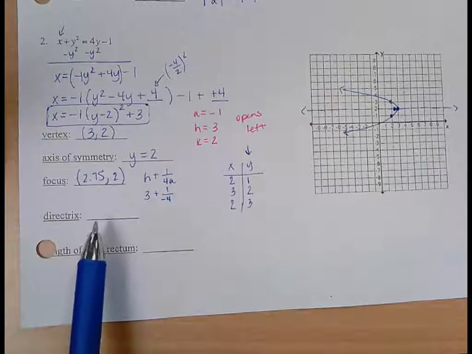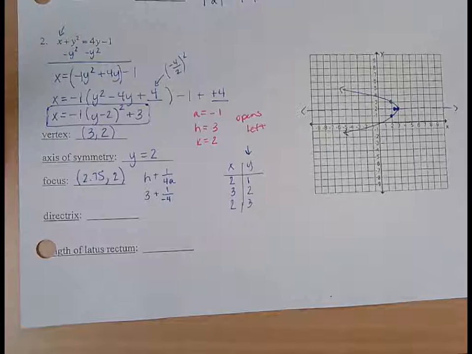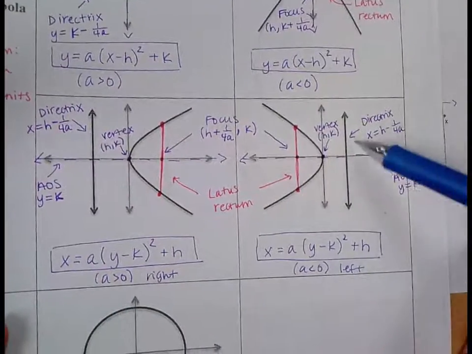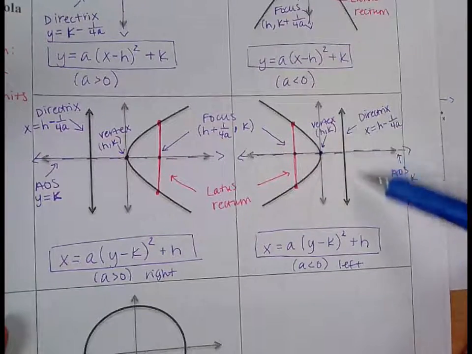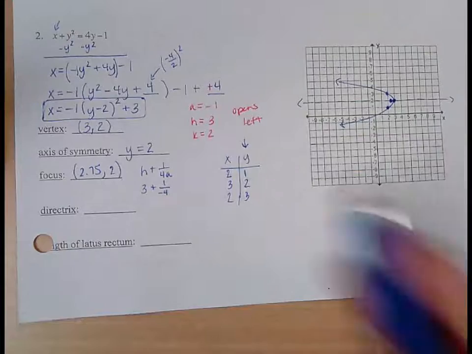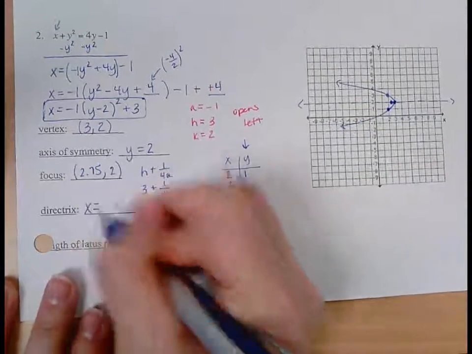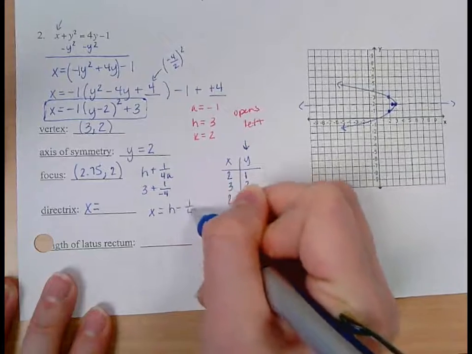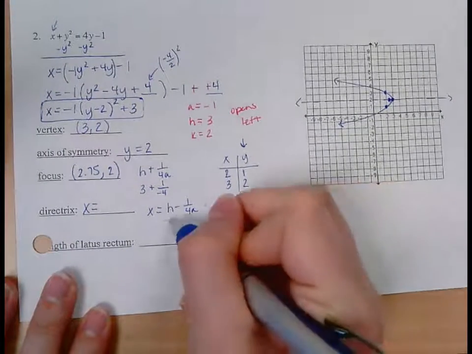The directrix for a parabola that opens to the left is a vertical line, and it'll be on the right side of the parabola. Again, draw it dashed. The formula to find it is x equals h minus 1 over 4a.